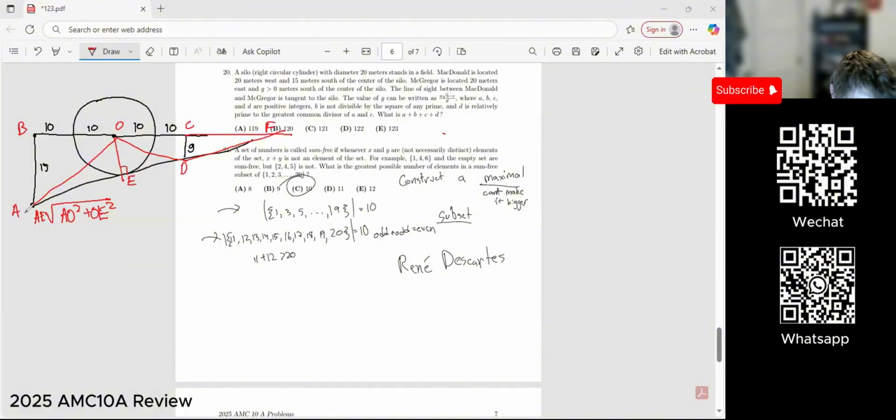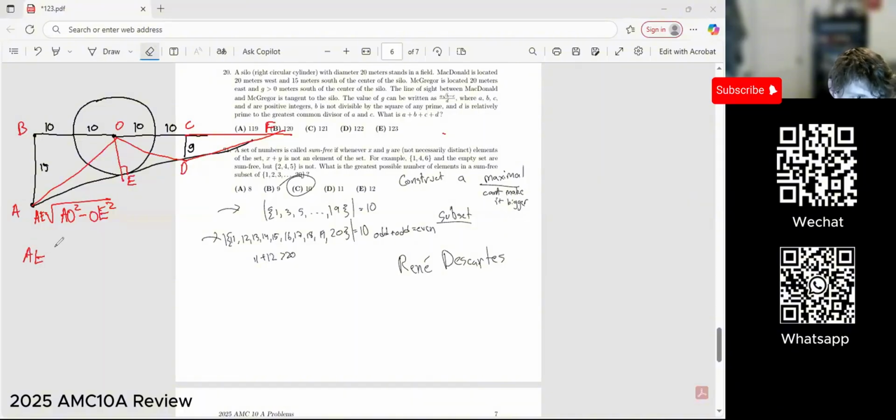So we know that AE is equal to AO squared, sorry, that should be a minus OE squared. And we know that AO squared is equal to AB squared plus BO squared.